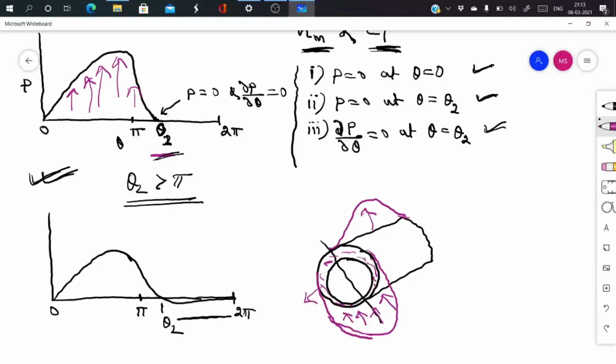At the ends, oil will come out from the bearing. Where there is a high pressure difference, the flow will be more. So in the bottom zone, the fluid will come out from the bearing. Then somewhere fluid has to enter the bearing, otherwise there will be starvation. There will be no fluid inside the bearing. So all the fluid will come out because of high pressure in the bottom zone.